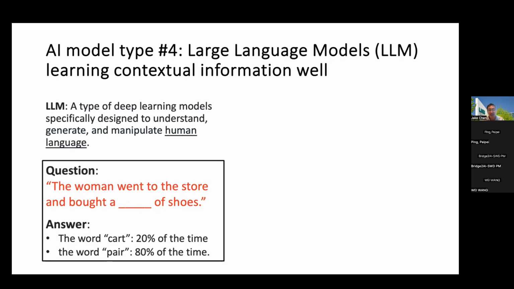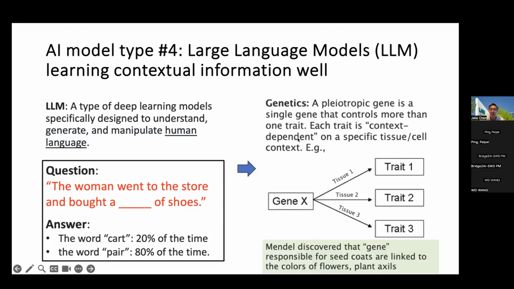But the large language model would learn the statistics, maybe 80% of the time saying a pair of shoes, and 20% of the time saying a cart of shoes. So somehow the ability to learn context is exactly mappable to much of the biology that we understand. For example, in genetics, there's a key concept called the pleiotropic property of genes.